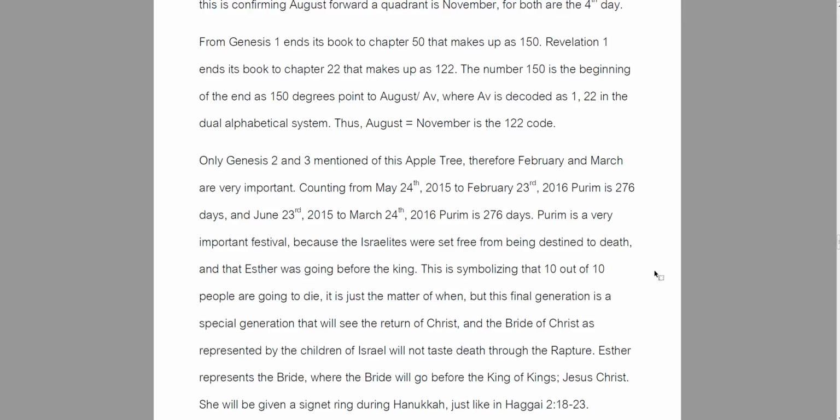It's kind of symbolizing fallen humanity, that each and every one of us will not be able to escape death because of the curse of sin.